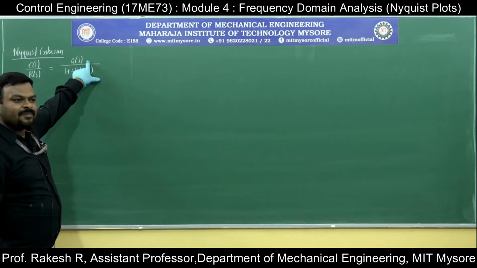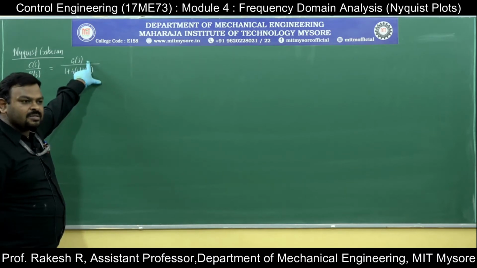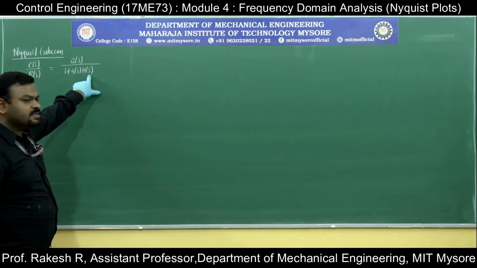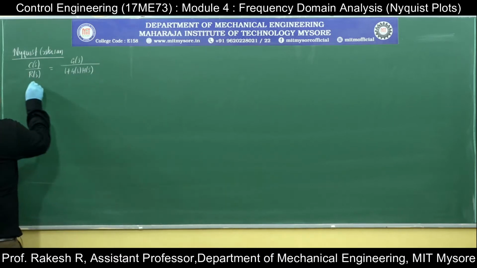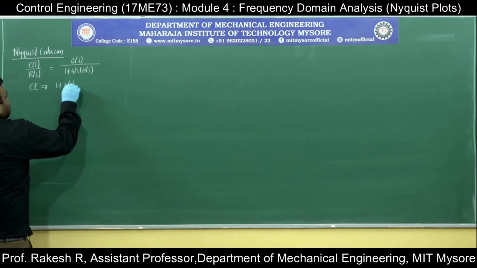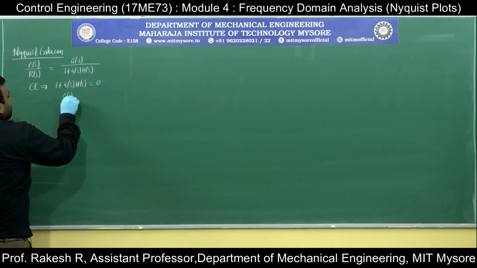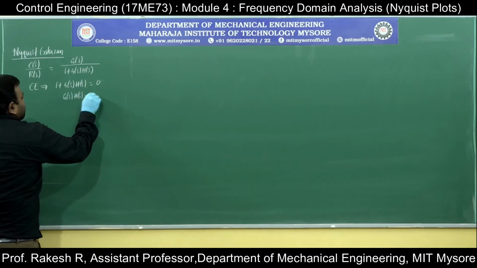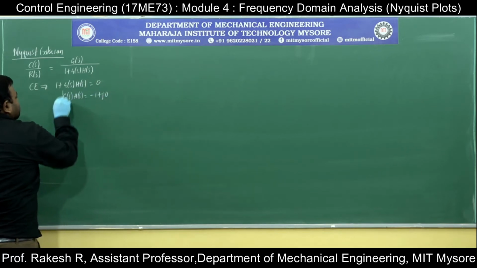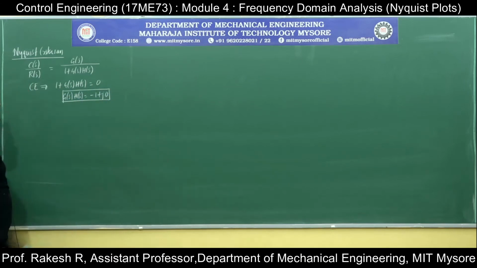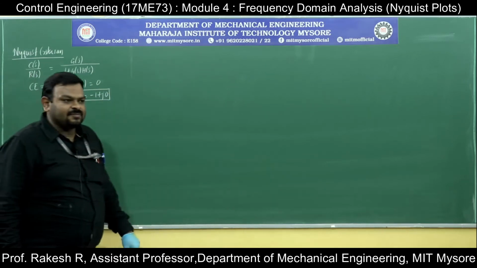From the numerator, you cannot obtain the values of S directly. You have to solve the denominator part. If you take the characteristic equation, that is 1 plus G of S H of S equal to 0, then you will get G of S H of S equal to minus 1 plus j0. So this is the characteristic function value.